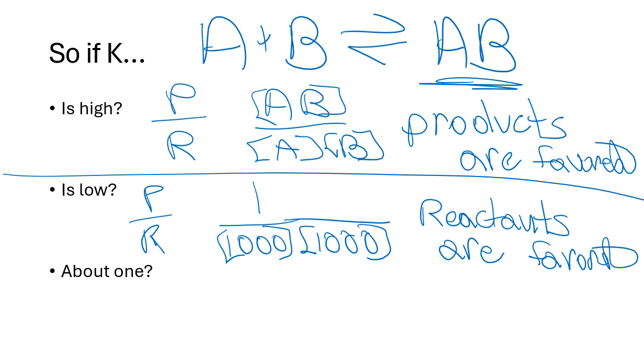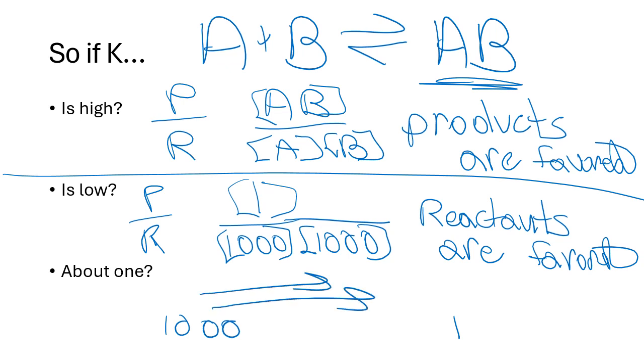Now, even if the concentration on one side is much larger than the other, the reaction's going back and forth at the same pace. Meaning, if you have 1,000 people on one side in a snowball fight and one person on the other side, they might be throwing a lot of snowballs initially, but this person on the product side can only throw one snowball at a time. So they can only throw one snowball back because that's all they have.